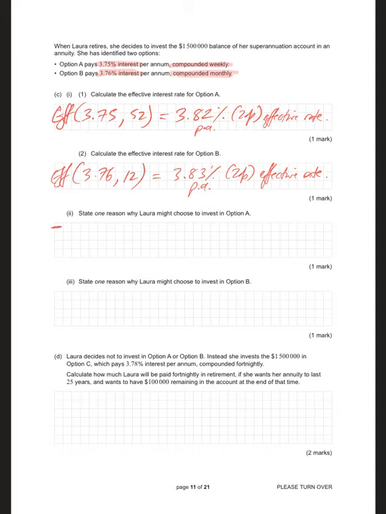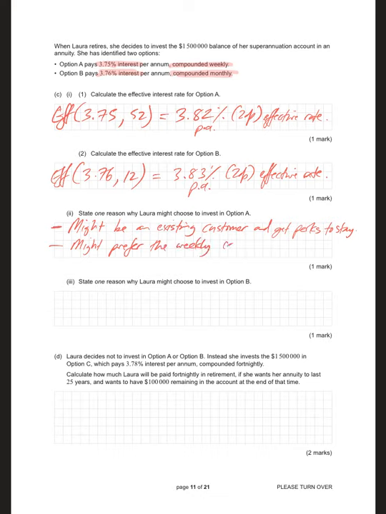So the only reasons you'd probably have is she might be an existing customer of the bank with option A, get perks to stay with them, or might prefer the weekly calculations for budgeting.